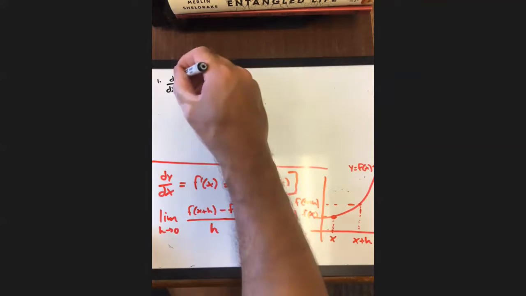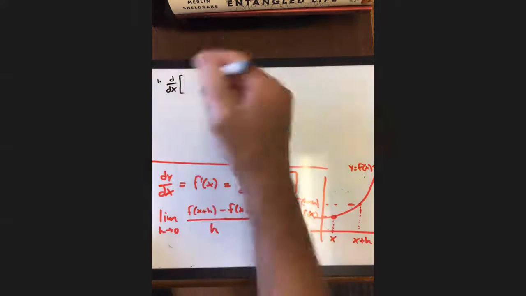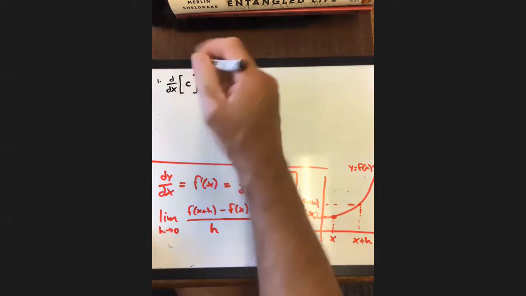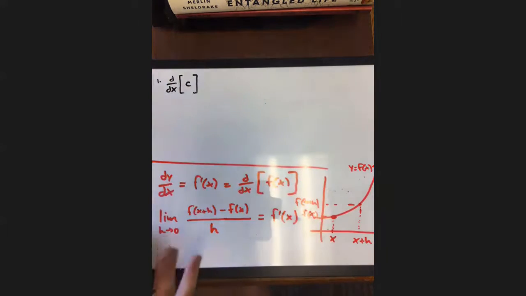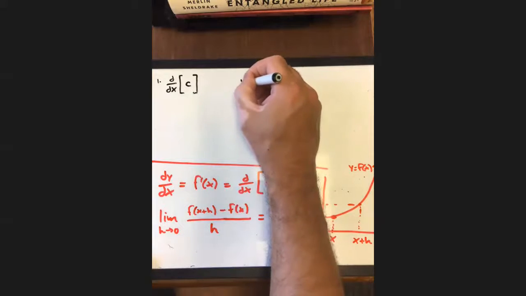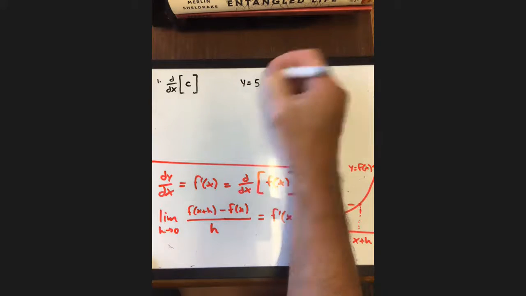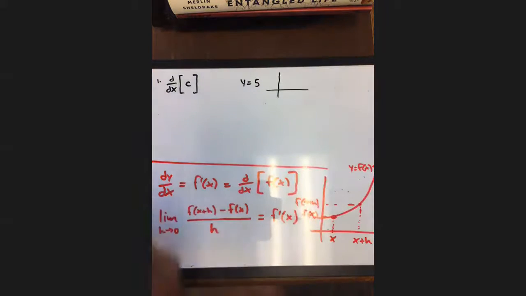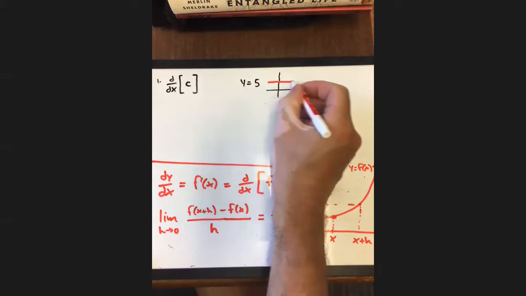So I'm going to take the derivative of the function y equals some constant. It's not a variable just because it's a letter, it's a constant, it's some number. It's like the derivative of 5, or the derivative of 2, or the derivative of negative 3. Well, if you think about what that function would look like, if y just equals some number, like y equals 5, for example, y equals 5 is a horizontal line, right?